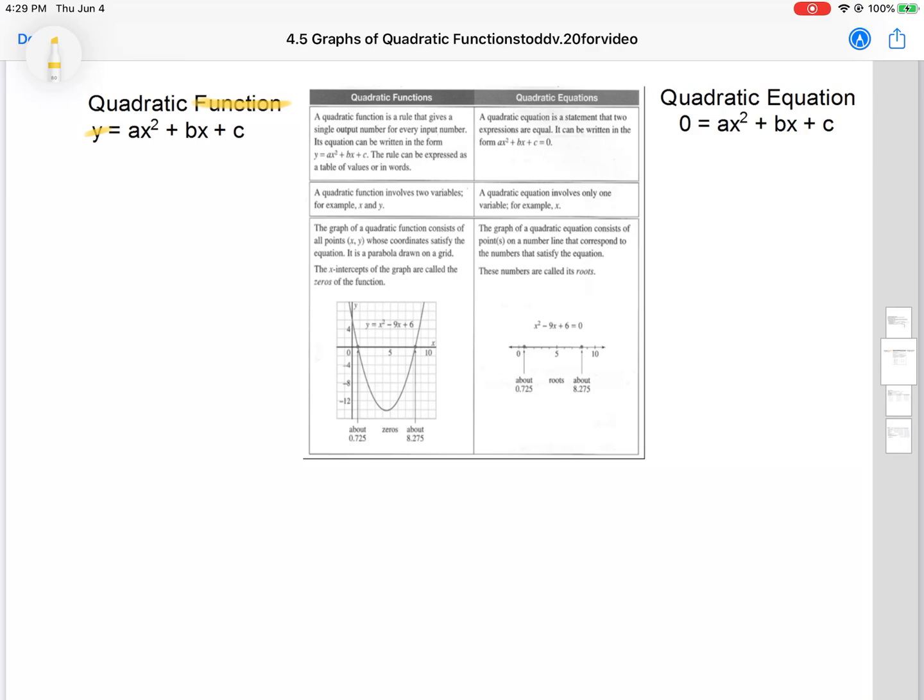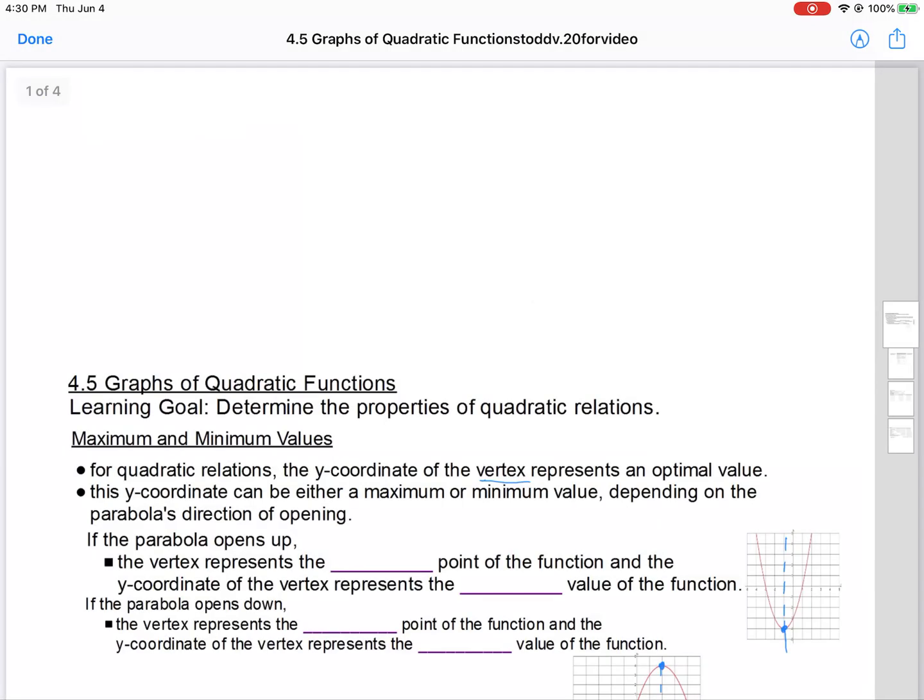So we can input an x and solve for a y. And it always has two variables, x and y, similar to most of the equations you've dealt with, even in grade 9. And so when you have a graph of a quadratic function, one of the next things we're going to talk about is the x-intercepts. And we did that, oops, sorry.